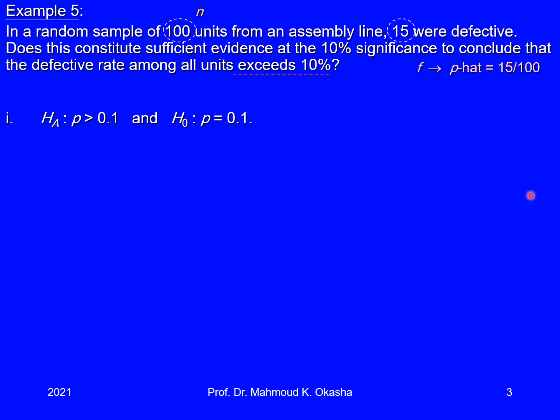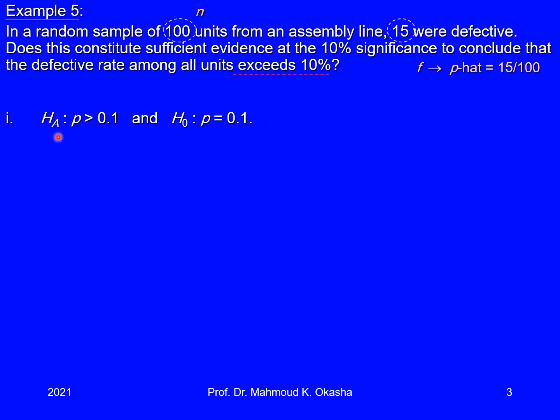The first step in the hypothesis testing procedure is to write down the null and alternative hypotheses. The alternative hypothesis is the one which we are going to prove. The one we are going to prove is whether the defective rate among all units exceeds 10%.